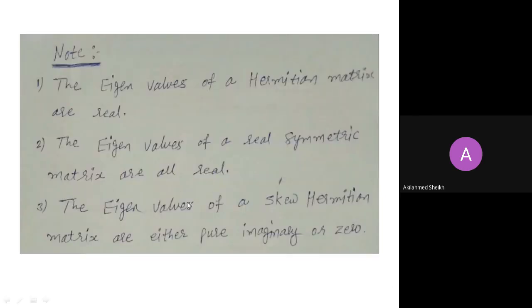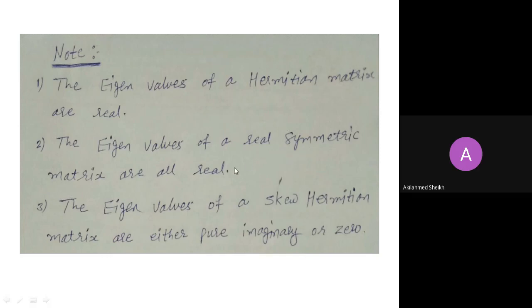Now here, note the eigenvalues of a Hermitian matrix are real. The eigenvalues of a real symmetric matrix are also real. The eigenvalues of a skew Hermitian matrix are either purely imaginary or zero.